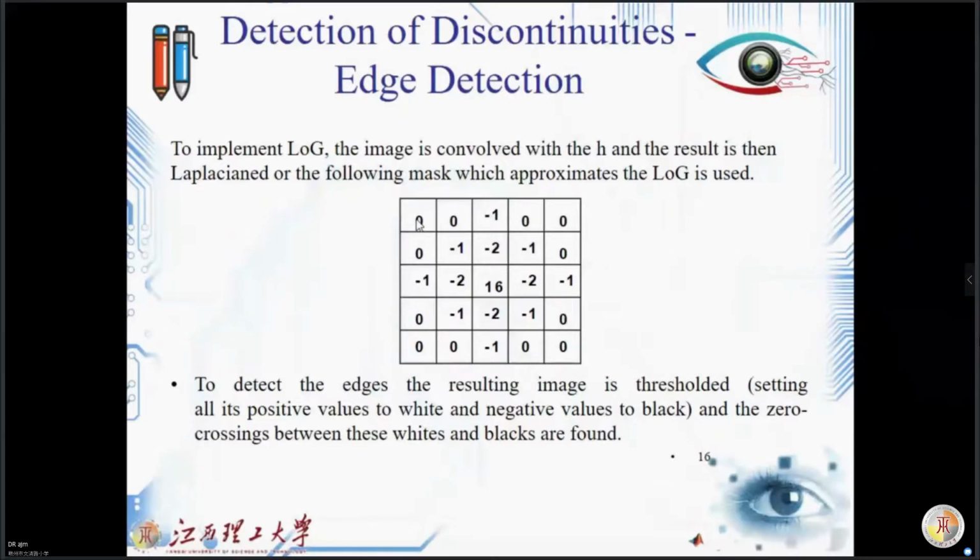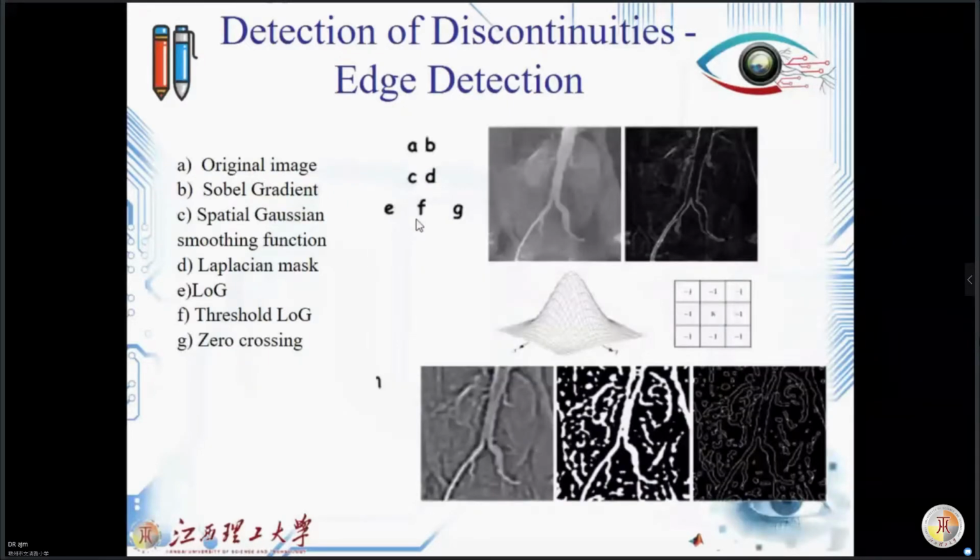Suppose we have one example, a medical image that we can have here. The original one is as we can show here. If I use the Sobel gradient, I can show it like this. You can see something like vessels are clearer here. Then if I use the Gaussian, we can have this plot.